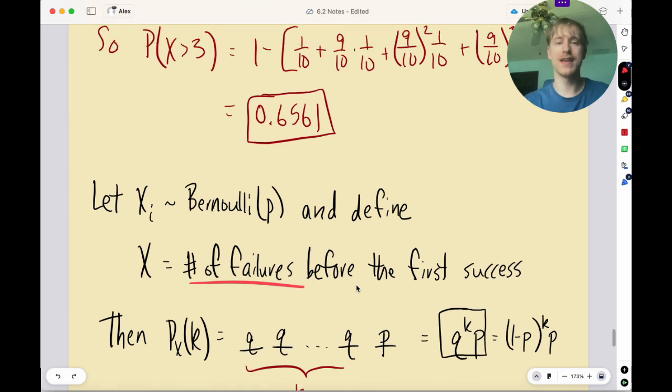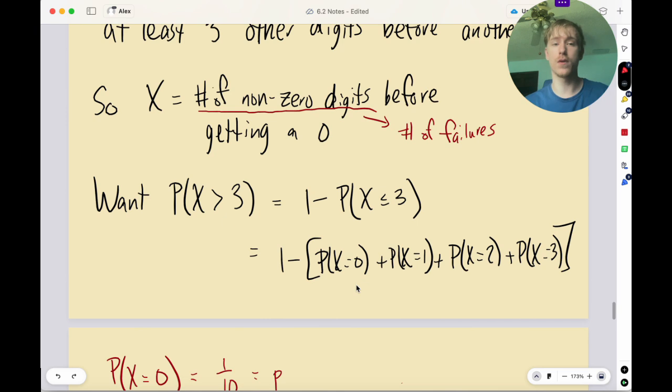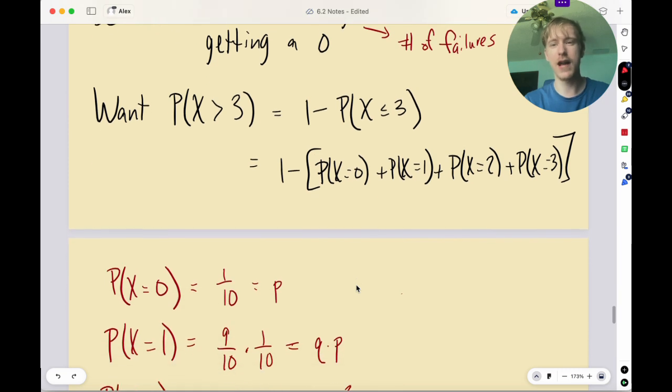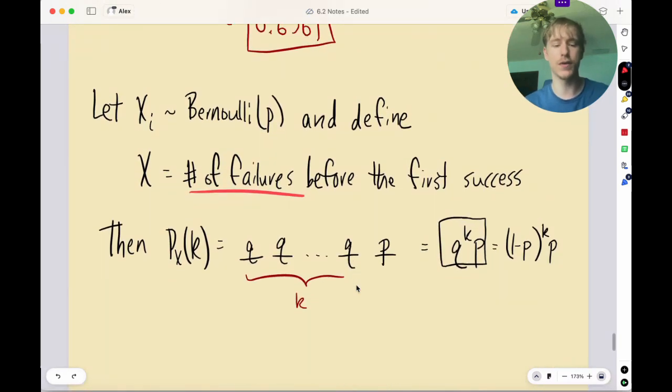Okay, so in this example, we could have defined this variable as the probability that the number of trials before the first success was 4. That means a success occurred on the 4th trial, at least. Okay, which is kind of the same thing here. And I'll have you do an exercise kind of relating these two definitions, but right now let's just stick with number of failures.